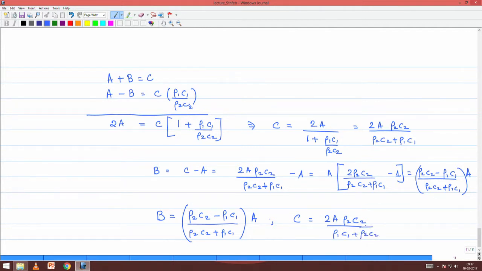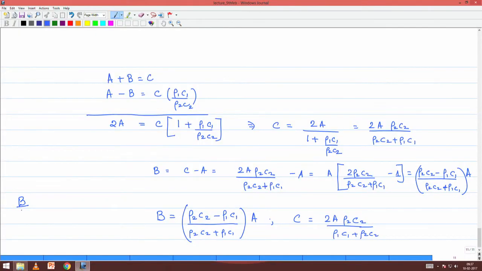Please note that what matters in terms of reflection and transmission is the quantity rho c. Rho c we have already identified as the characteristic impedance of the medium. So, what you see here, B by A, is called the reflection ratio, and C by A is called the transmission ratio.